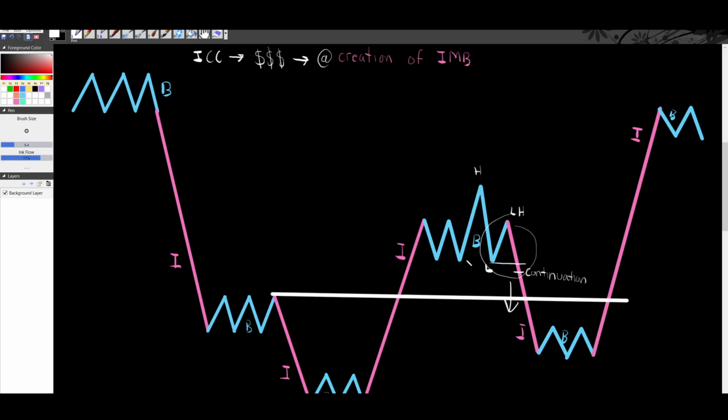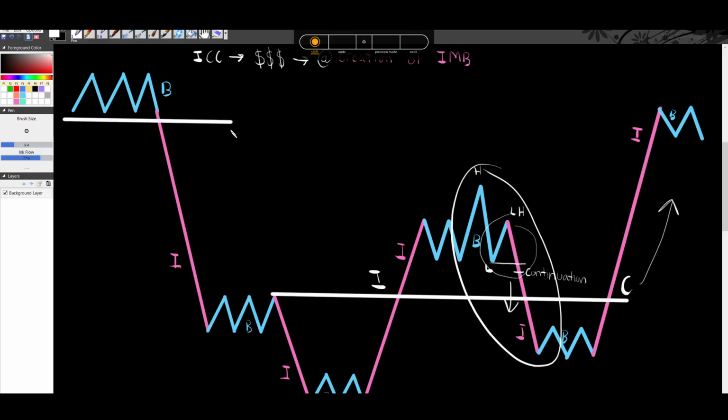But then what if I said this is my I, all of this is my correction phase, and then this is my continuation phase? Well, guess what? I'm trading a confirmed trend that is a correction of another trend or another impulse.